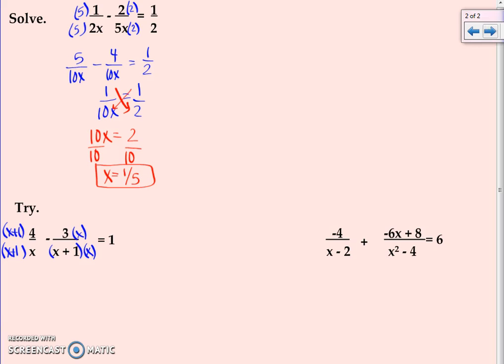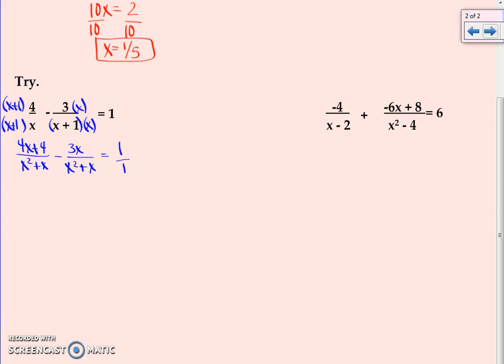Okay, so let's just rewrite it. Keep them separate though. So when we distribute up here, we've got 4x plus 4, and we've got x squared plus x minus 3x over x squared plus x equals 1, which is the same thing as 1 over 1. Okay, so looking right here, what's going to be the fraction on the left when we put them together?